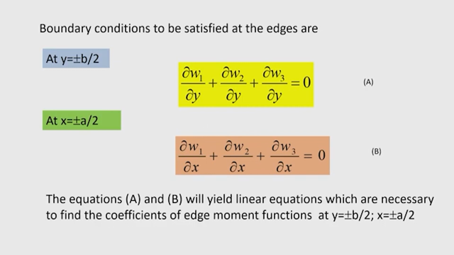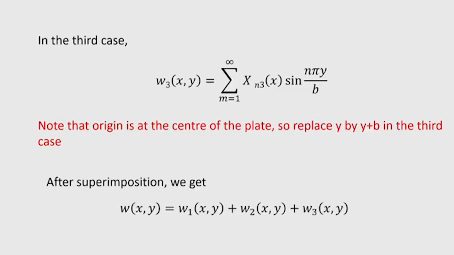So, you have noted here that with the results known for the edge moment cases in a simply supported plate, and with the results known for the simply supported plate with UDL, we can now analyze the plate whose all edges are clamped and which is subjected to UDL. So, the procedure can be applied to other types of load also.